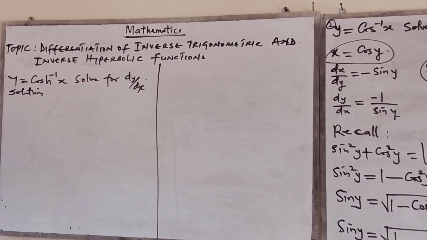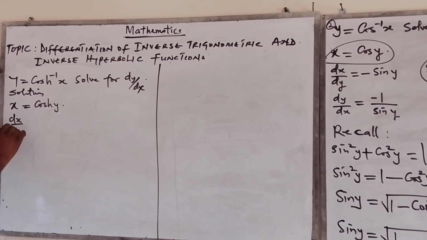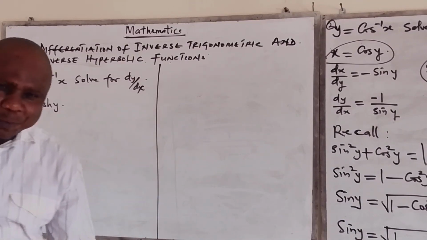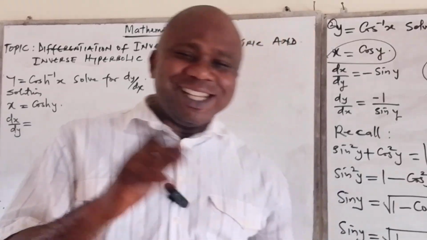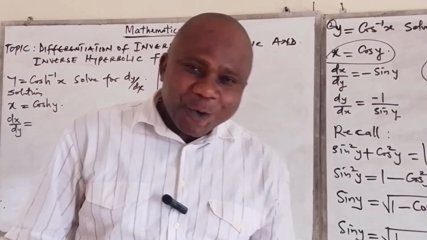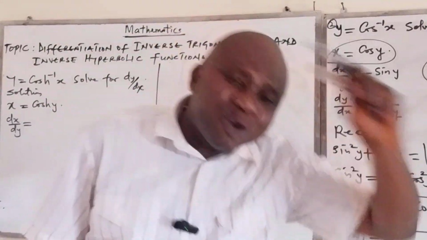If y is equal to cos h inverse of x, it means the value of our x will be equal to cos hy. Now, the dx all over the dy. Remember, in trigonometry, when you differentiate sine x, it gives you cos x. When you differentiate tan x, it gives you sec square x. When you differentiate cos x, it gives you minus sine x.